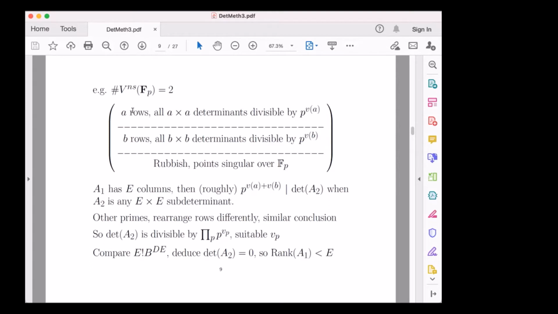But overall, if there are capital E columns across here, this is enough to show, very roughly speaking, that something like p to the VA plus VB divides any E by E determinant formed from this matrix. Just because the first block contains lots of p powers, the second block contains lots of p powers.